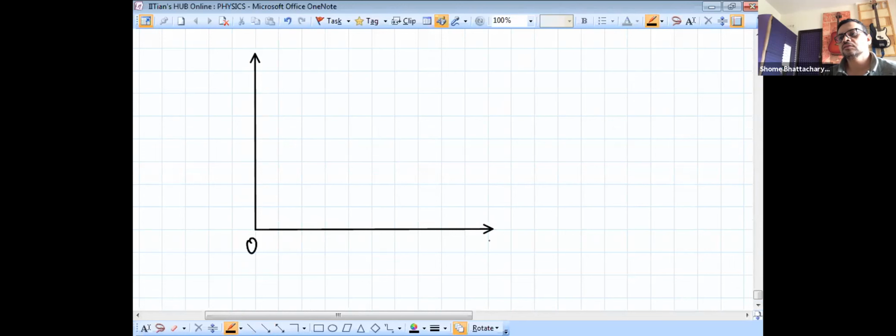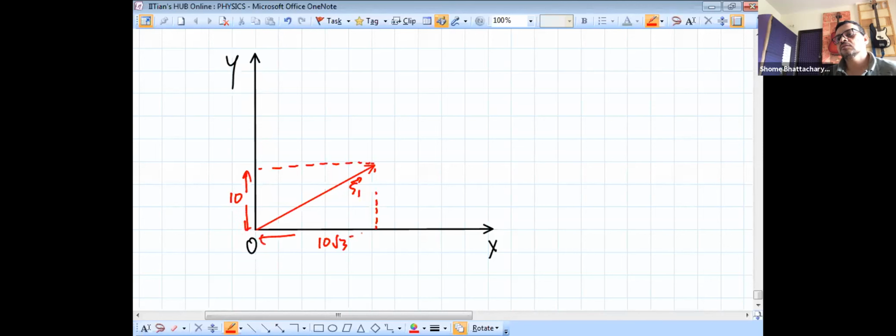suppose our particle started from the origin and then it completed first a displacement of S1, which we had shown by that vector. It was like this. So it would have reached somewhere like this over here, where if you drop this perpendicular, this is 10 root 3, and if you drop this perpendicular, it is 10 from here to here, because this was your S1 vector.